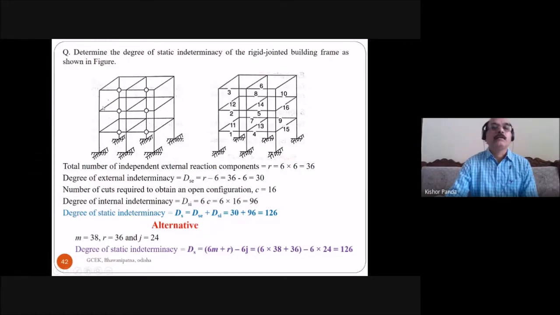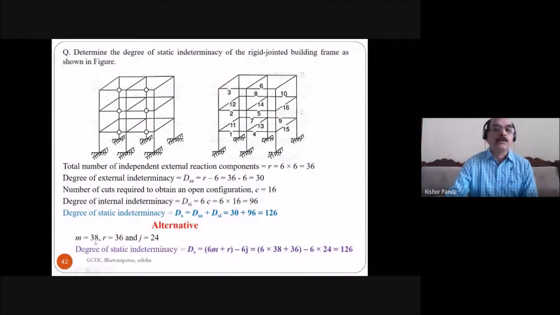Then here 13, 14, 15, 16, 17, 18 vertical. Then 19, 20, 21, 22, 23, 24, 25, 26, 27, 28, 29, 30, 31, 32, 33, 34, 35, 36, 37, 38.